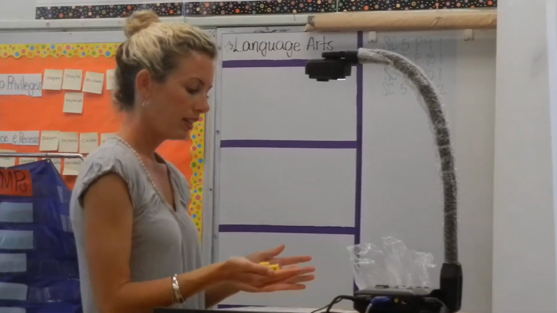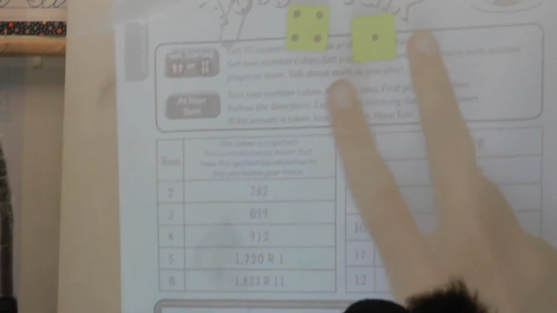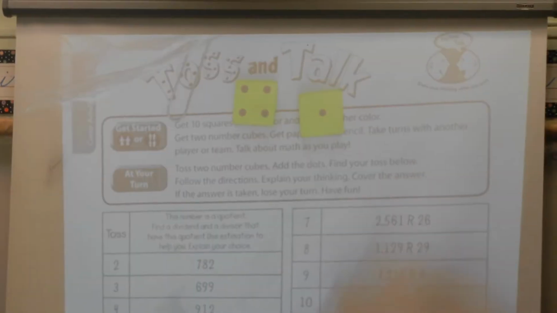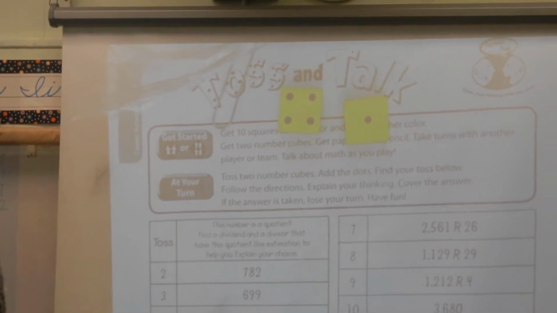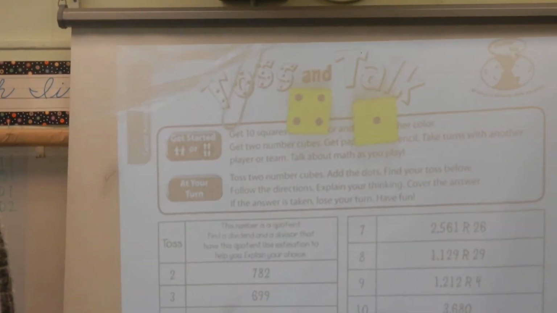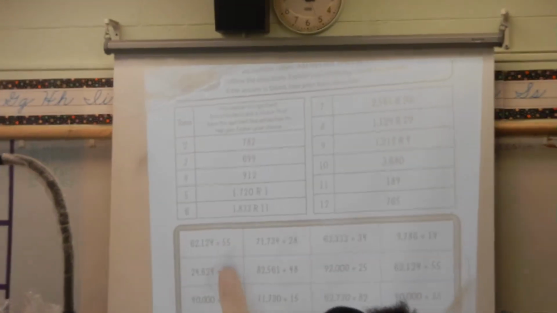Toss 2 number cubes and add the dots. What's my sum? 5. Find your toss below. 5. I have a quotient of 1,720, remainder 1 for 5. What I have to do here, and it tells you this in the directions, is find which one of these division problems gives me my quotient of 1,720, remainder 1.